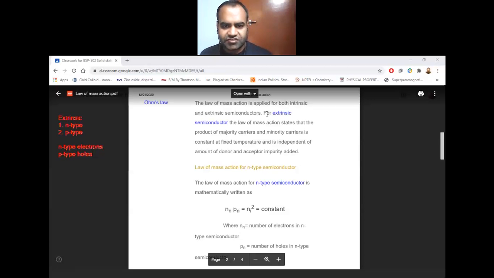Here you see this statement. Check this statement for extrinsic semiconductors. The law of mass action states that the product of majority carriers and minority carriers is constant at fixed temperature and independent of the amount of donor and acceptor impurity added.